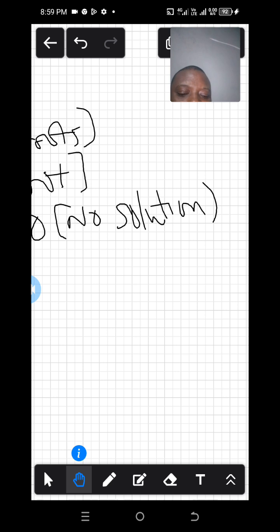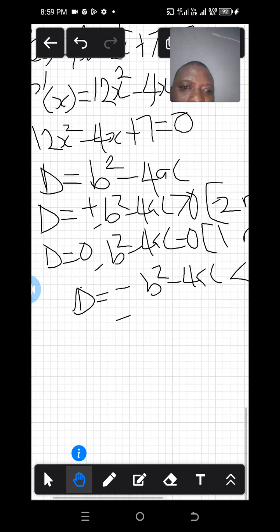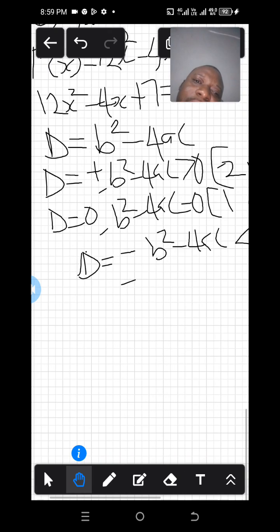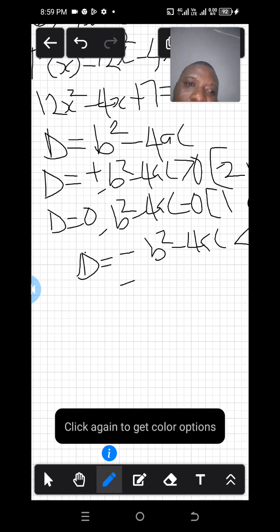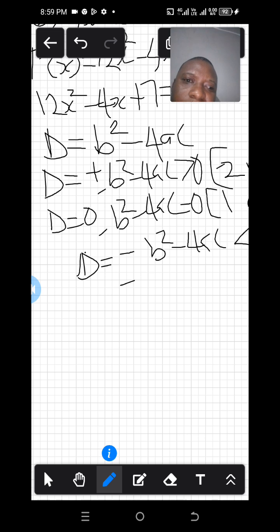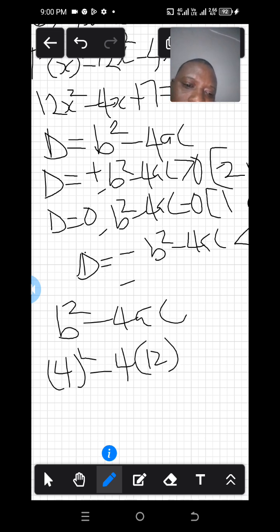But let us go back to our question. That was just to re-explain the concept of the discriminant. Now in our equation for differentiation, let us test b squared minus 4ac. b squared here is 4 squared minus 4 times 12 times 7.